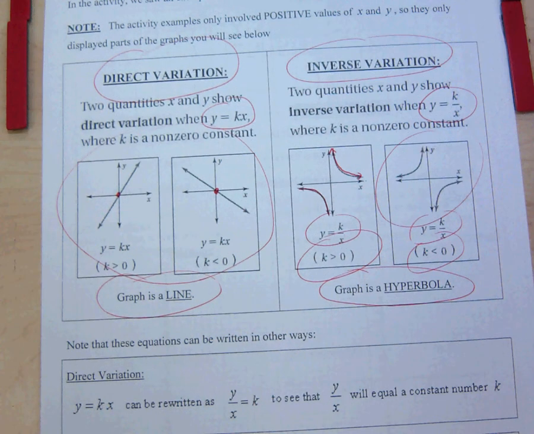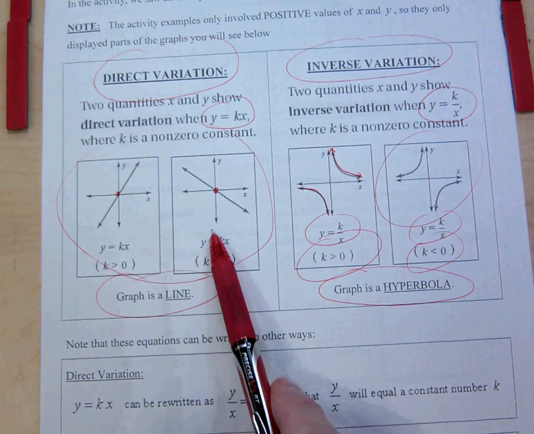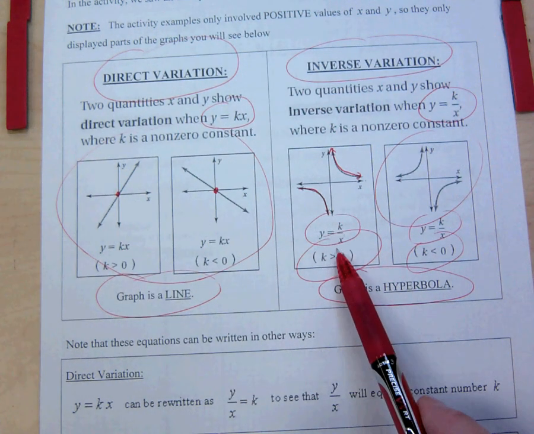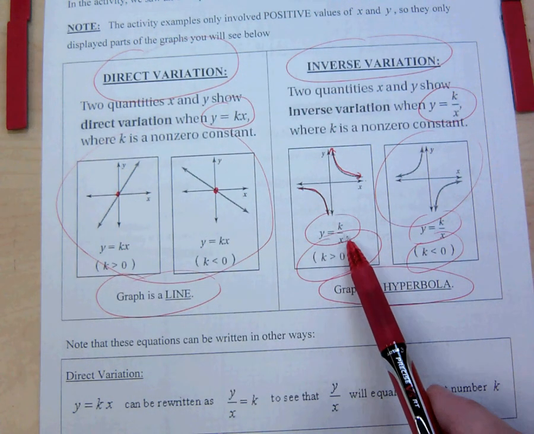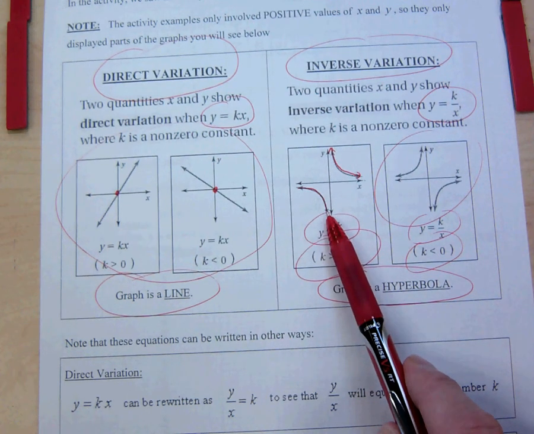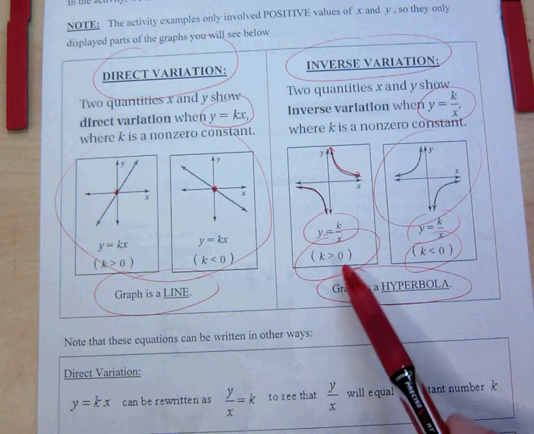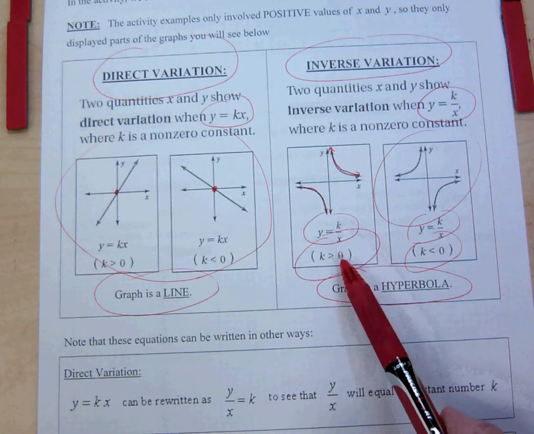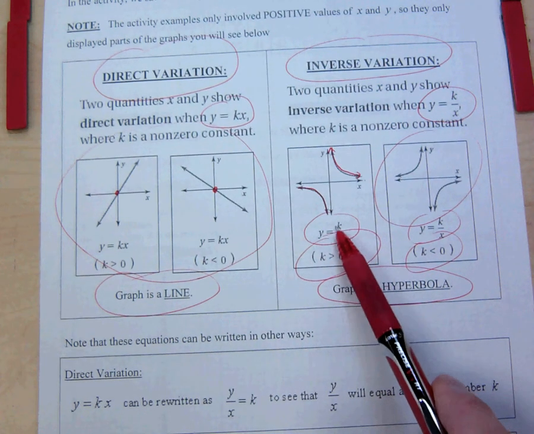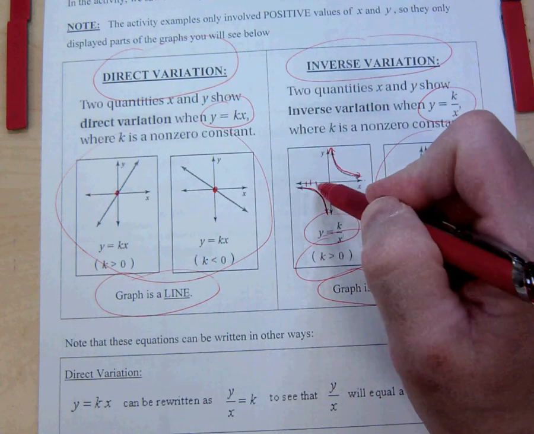Yes, go ahead. On the first graph on the left, on the inverse variation one, the one below the x-axis, yeah, that one, how is that greater than 0? I'm saying if you picked a positive k, okay, and then you plotted a bunch of points with positive and negative x values.